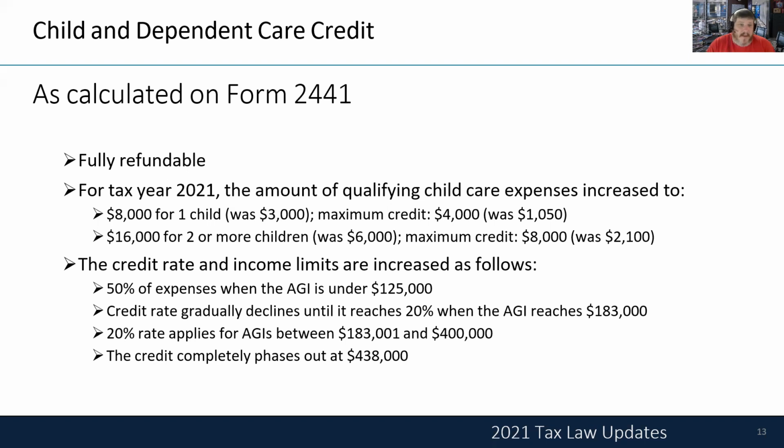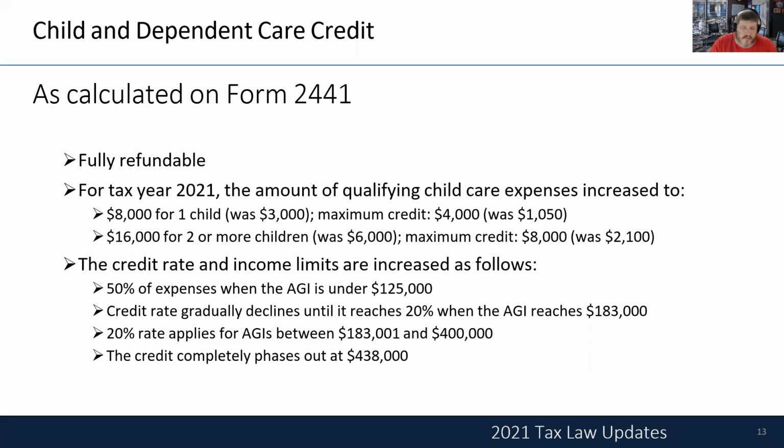Right. But it depends on the number of kids, because the other side is this goes beyond just children in a way. Dependents who are not able to care for themselves would fall in as a qualifying dependent for this particular credit.